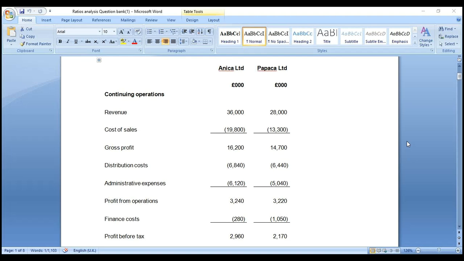Revenue means sales, 36,000. That is 36 million, so just divide it, ignore 3 zeros at the top, and times by 100. So the gross profit for Anika Limited is 45%. 16,200 divided by 36,000 and times by 100. Anything we need in percentage, we times by 100.